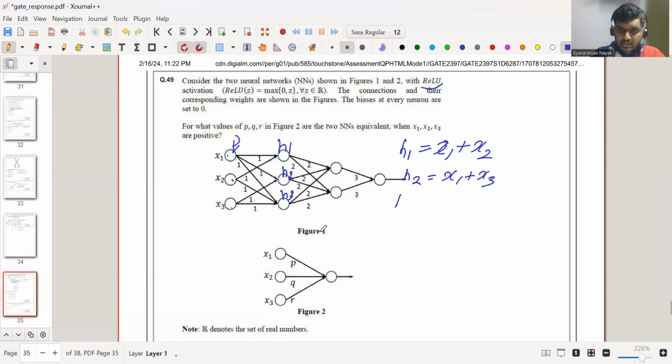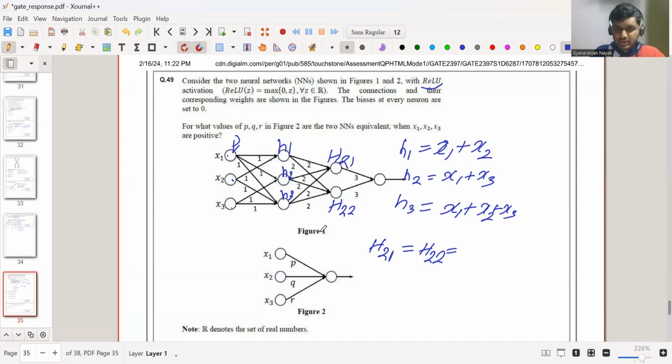Similarly for the third, x1 plus x2 plus x3. If you calculate hidden layer 2-1 or hidden layer 2-2, all are the same because all the hidden layer 1 neurons are connected with hidden layer 2.